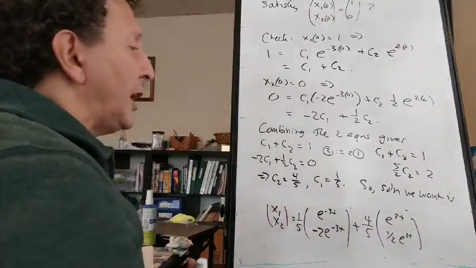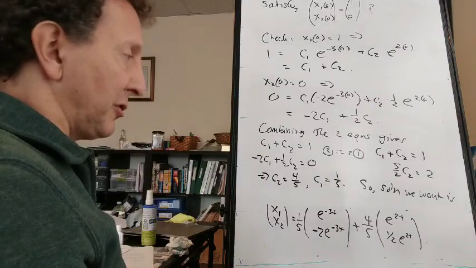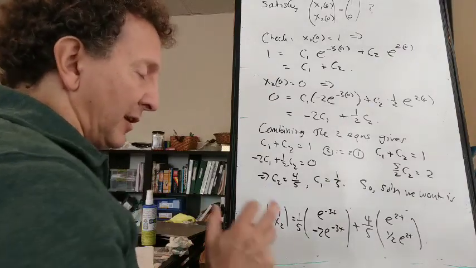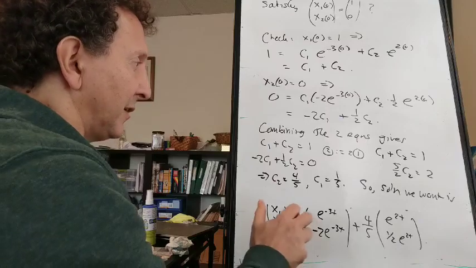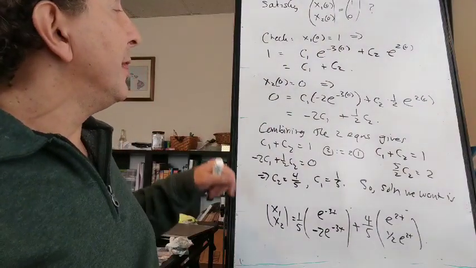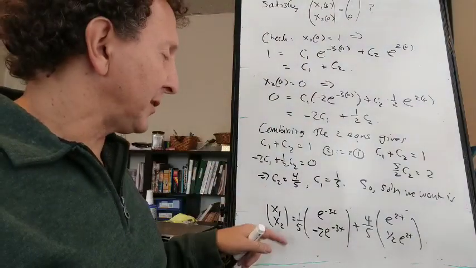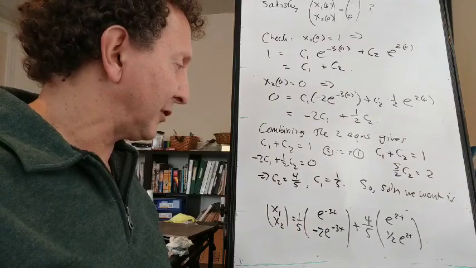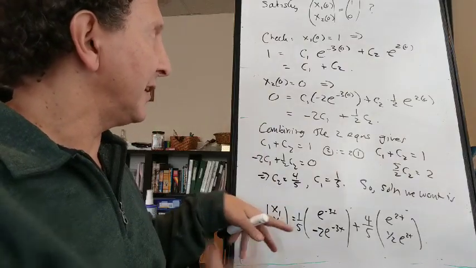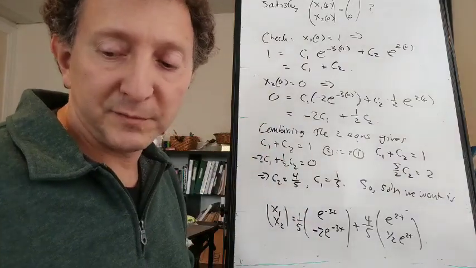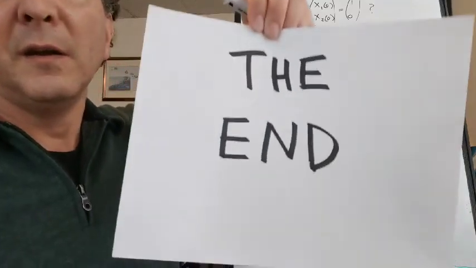So if we're given, say, a general solution with unknown constants in it, like a basis of a solution space, then initial conditions will help us identify one solution in that solution space that satisfies these conditions. The end.